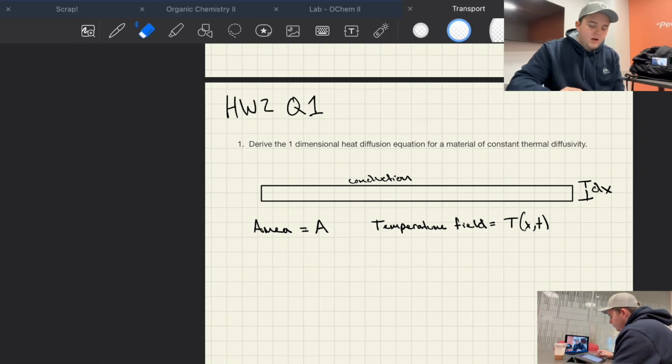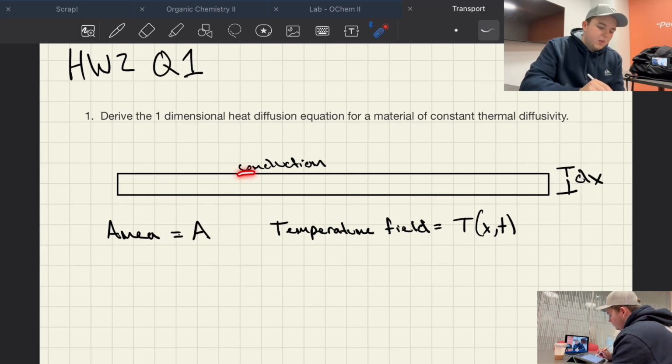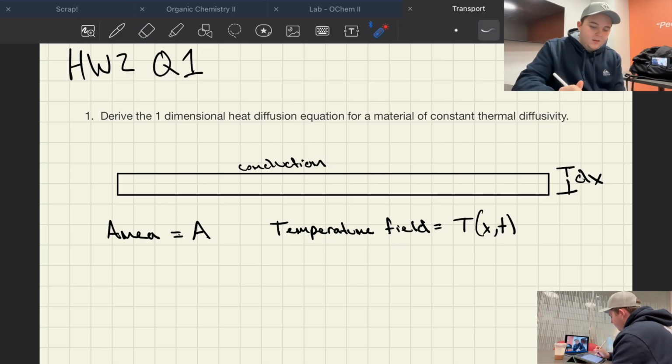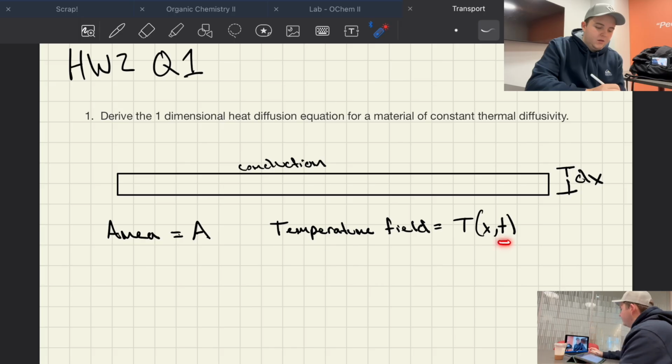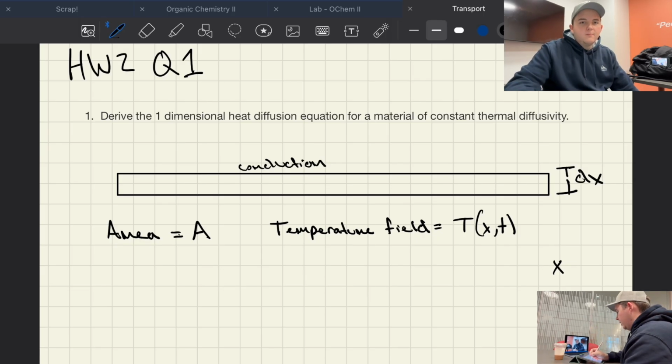So to get started, I wrote a little diagram here where we have a slab that only gets heated via conduction, and this slab has a length of dx and has a cross-sectional area on the x direction of A, and the temperature field is in units of x, which is position, and t, which is time. So let's get started on part 1.